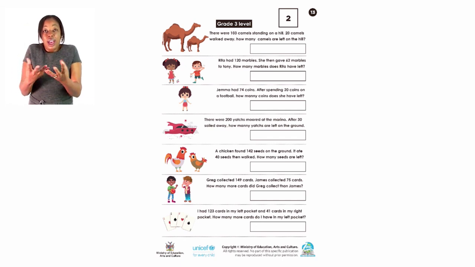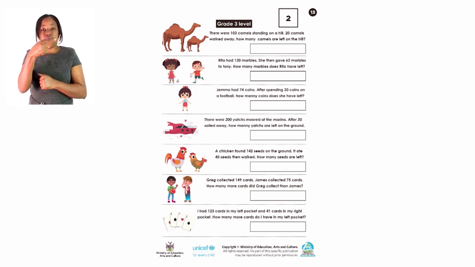So what is the operation sign there again? It's still subtraction. We minus because we take away. She has taken away from her marbles and gave to Tony. Okay, so I want you to read the next one and up to the last one. You read with understanding and you find out the operation sign that you will use there.